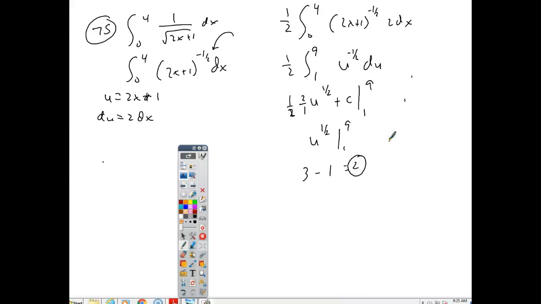Well, wait, how did that? I had a 1/2 out in front. When I raise the power by 1, it's 1/2, divided by the power I get, which is also 1/2. So 1/2 divided by 1/2 is 1. I tend to flip and multiply. After you've done this about 50 times, you know you're going to flip and multiply anyways.